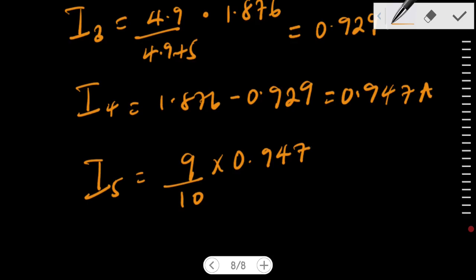So we shall be getting 0.852 amps, right?